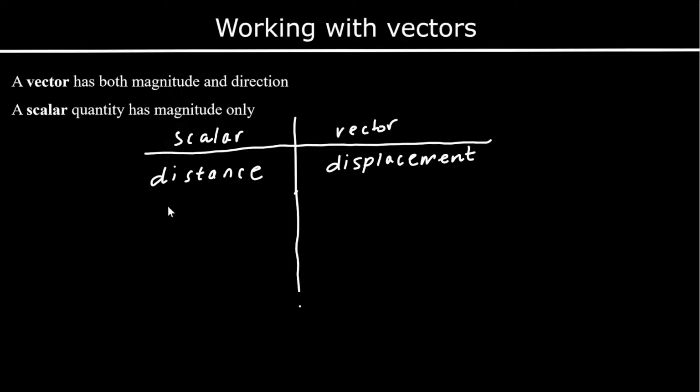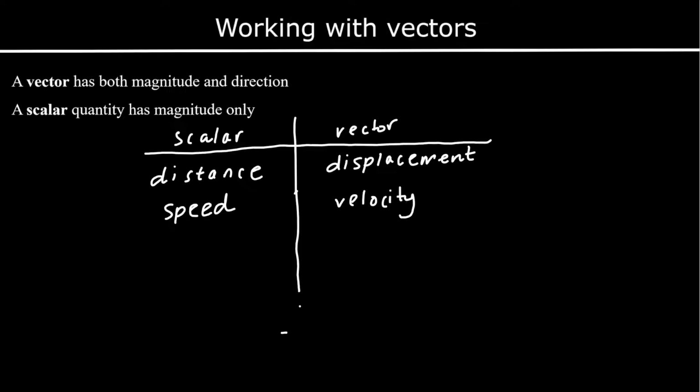Another example of this is speed. So again, you could have 10 meters per second, but it doesn't tell you what direction it's going in. And if it was in a straight line again, the velocity, which is the vector, could have plus 10, so 10 meters per second forwards, or minus 10, 10 meters per second going backwards.